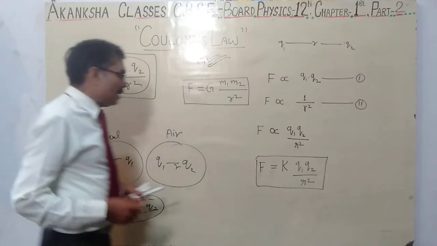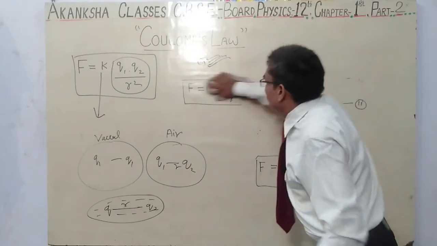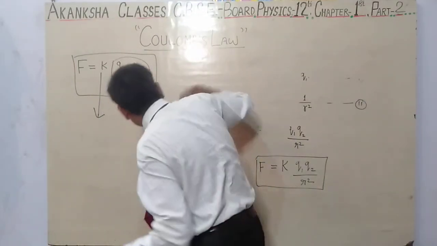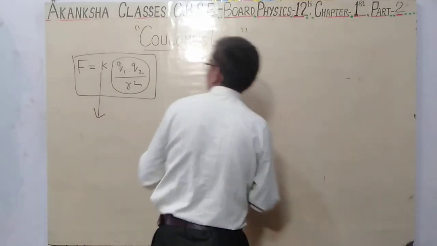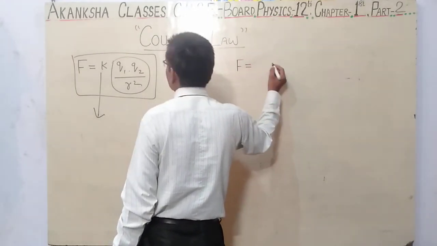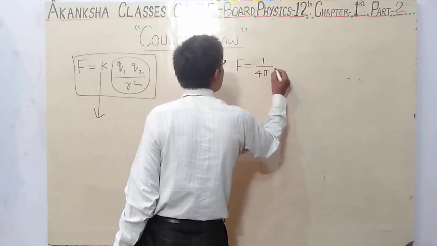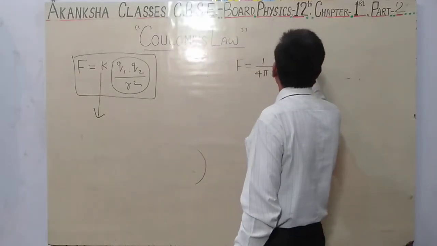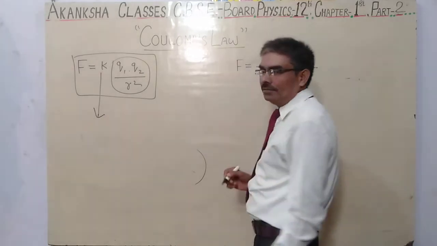Hence, the value of K is given by this. Friends, F equals 1 by 4 pi epsilon, Q1 Q2 by R square.